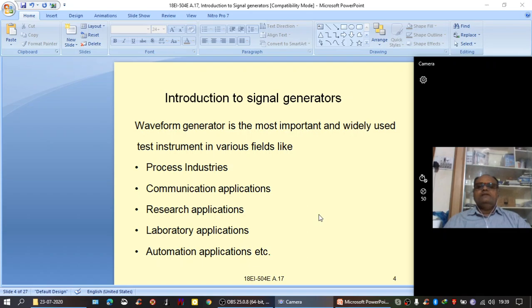In all these applications, we need signals of known frequencies over a wide range. And a signal generator serves the purpose of providing signals of different frequencies for different applications.